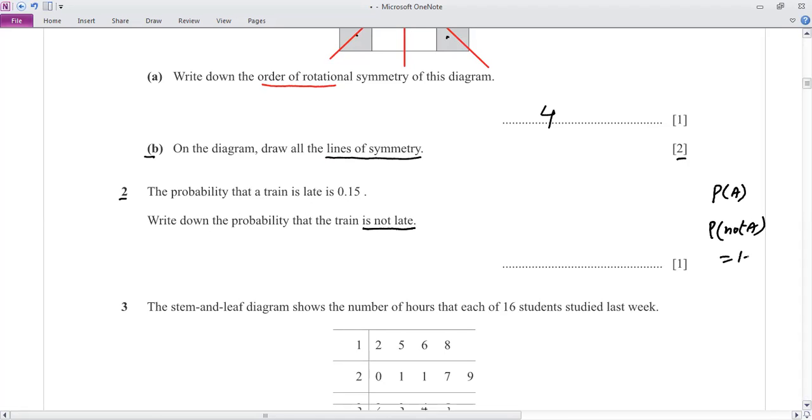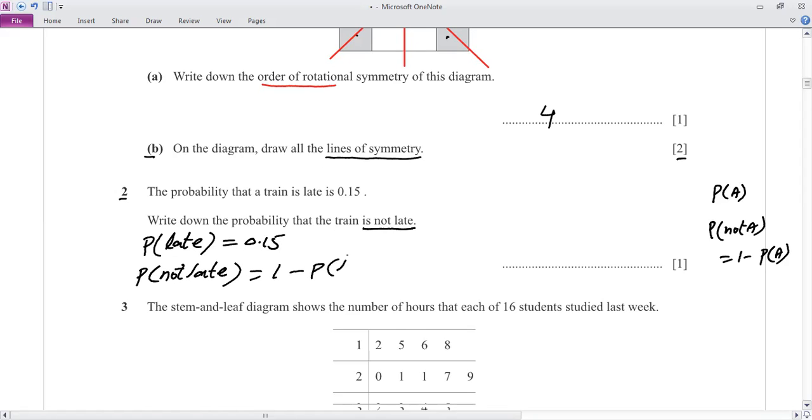We find it as 1 minus the probability of A. Now it is given that the probability of the train getting late is 0.15. So what will be the probability of not getting late? It will be 1 minus the probability of getting late, using the same rule.